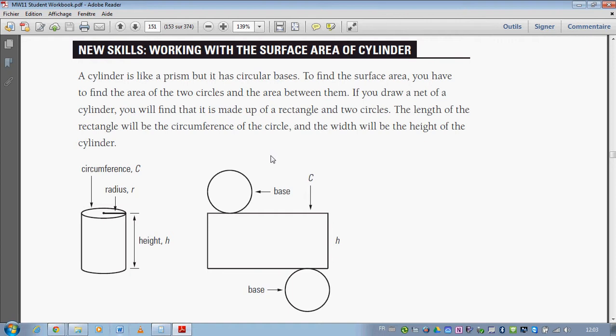That's how you'd go about figuring out the surface area of a cylinder.